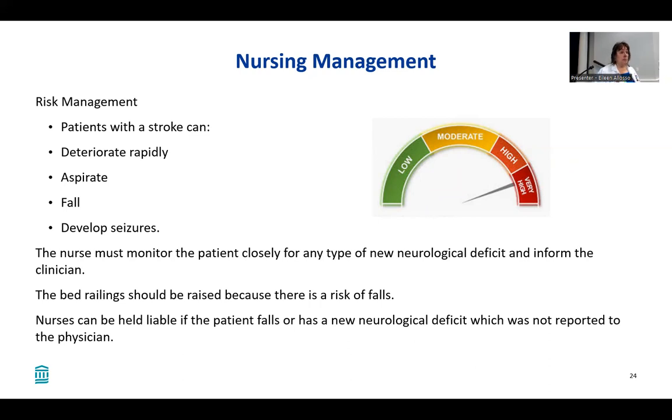And if anything ever comes up, changes, or a patient falls, and the nurse hasn't reported that to the physician, that's on them and they're held liable for that. As nurses, we should all know how at risk these patients are and we should be taking appropriate action.